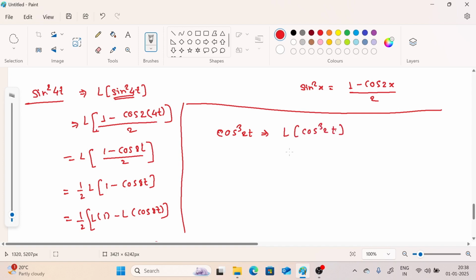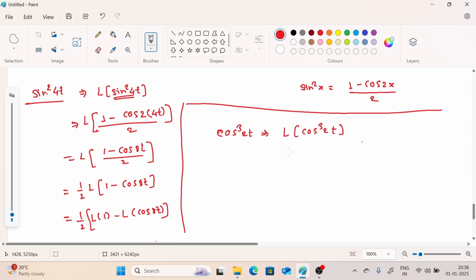Similar to sin square 4t, we haven't discovered any formula in terms of powers, but we convert it into our format so that we have the standard values as per our Laplace formulas. So here we have to find the Laplace of cos cube 2t.